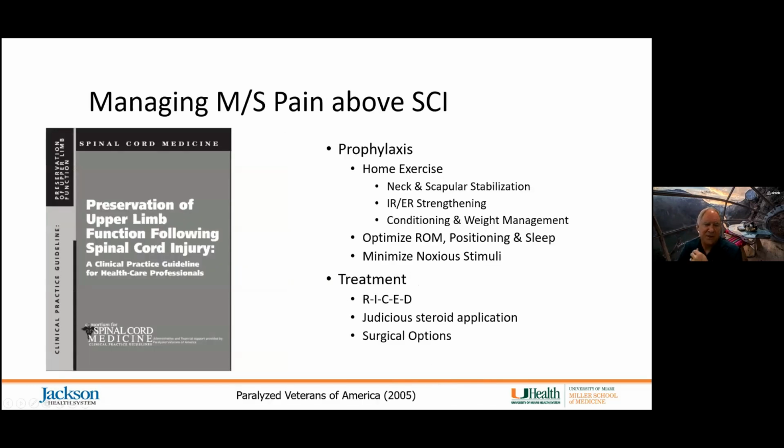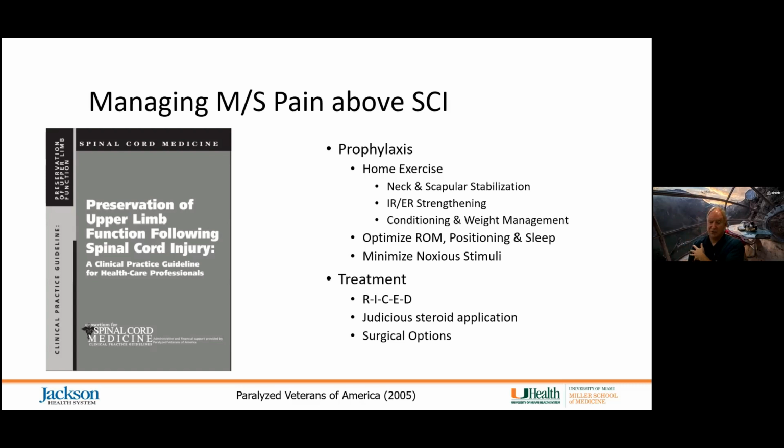So in 2005, the Paralyzed Veterans of America put forward the consortium guidelines for preservation of upper extremity function following spinal cord injury. And the real key here is prophylaxis. So doing appropriate home exercises, including neck and scapular stabilization exercises, internal and external rotator strengthening exercises.